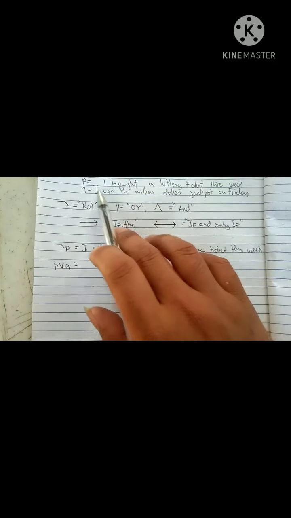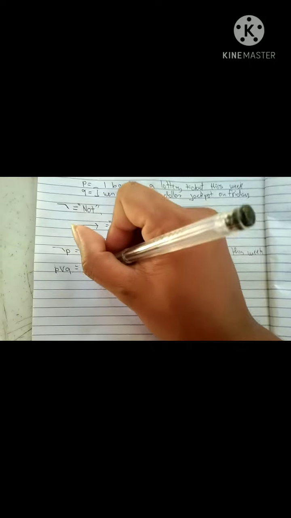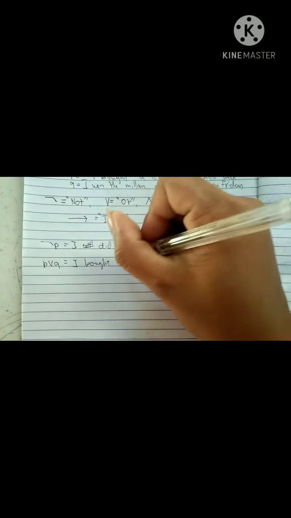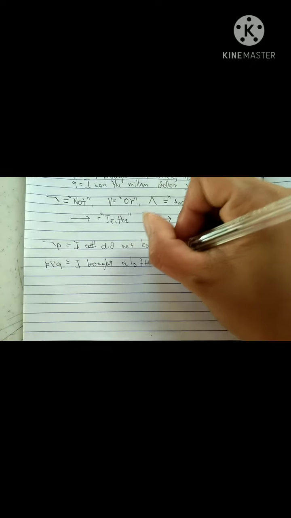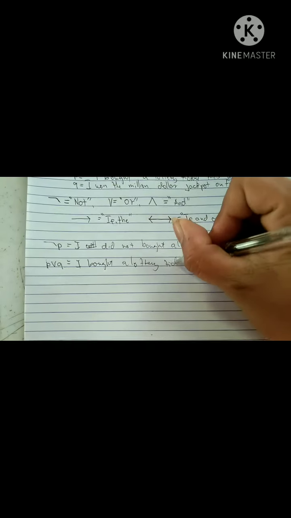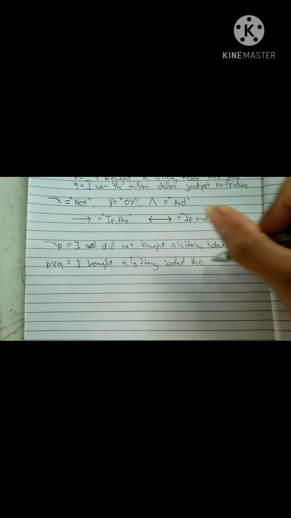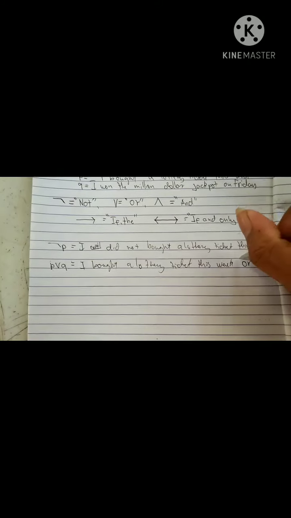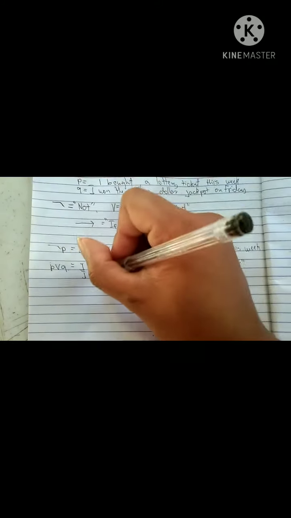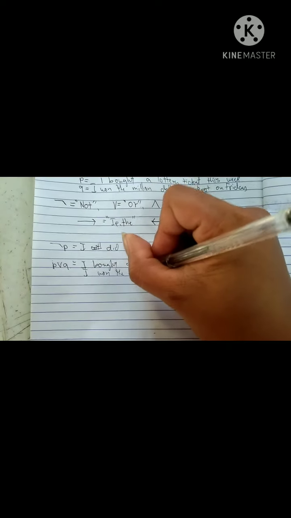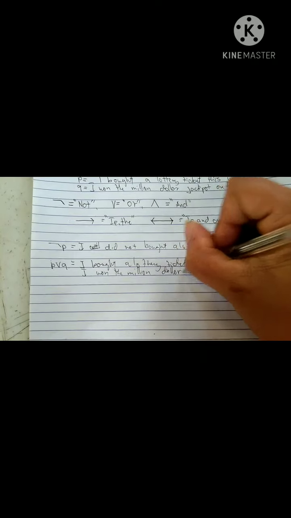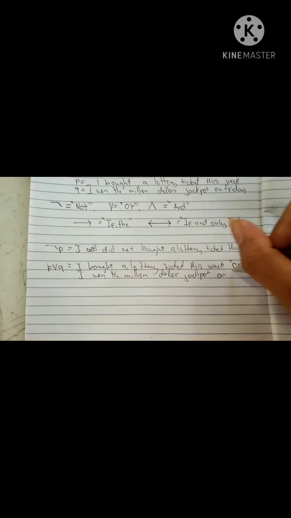We will put first P, "I bought a lottery ticket this week," and the conjunction "and," "I won the million dollar jackpot on Friday."